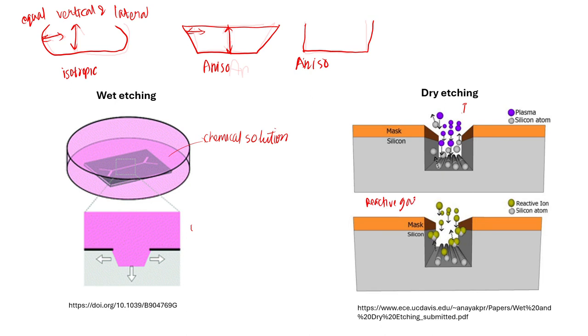It gets absorbed on the surface, reacts with it, and forms volatile products, which are then removed from the surface. These are the two ways dry etching can happen. In wet etching, only chemical reactions happen; there is no physical phenomenon.